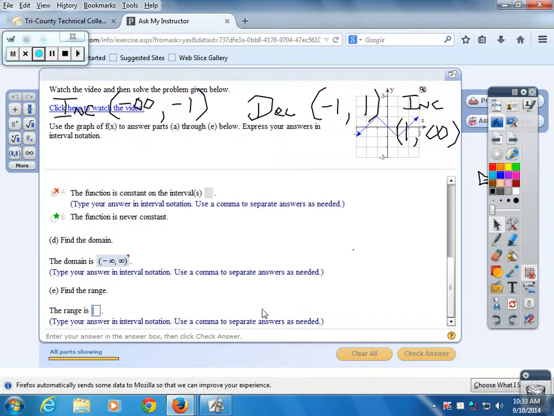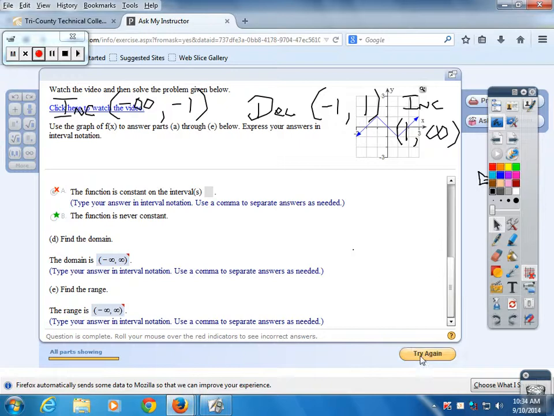Range. Oh, it didn't do the range. Range is from -1 to +1, right? No, I'm sorry. Negative infinity to positive infinity. Because it has what on the end of it? Arrowheads. Okay? So that's that one.